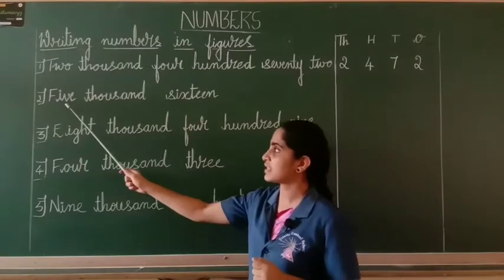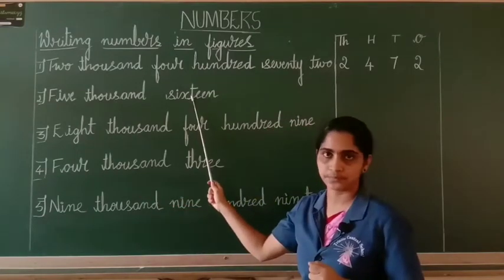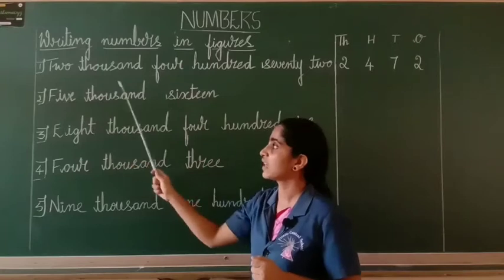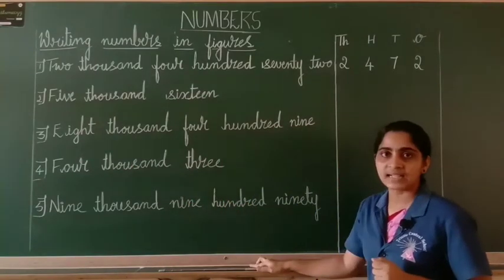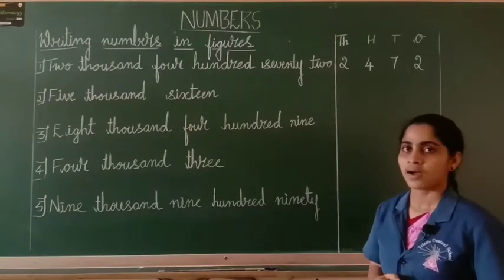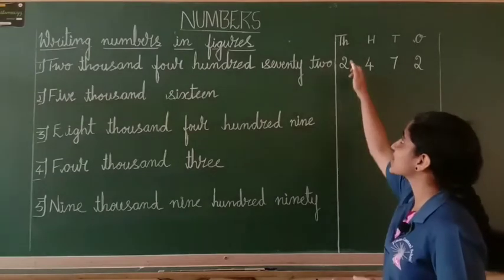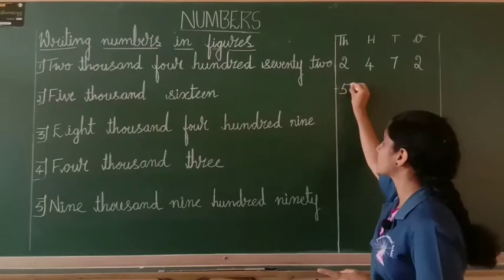The second one is 5016. You can see that there are 5 thousands, right? So let us write in thousands place 5 thousands.